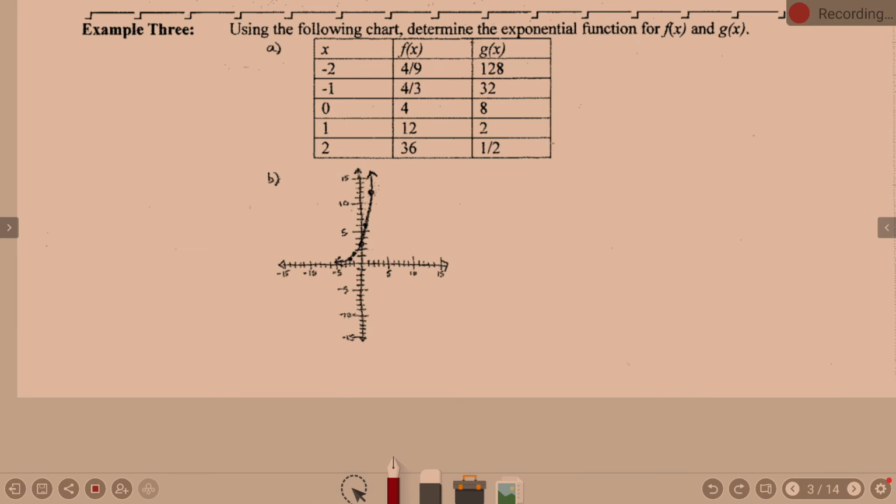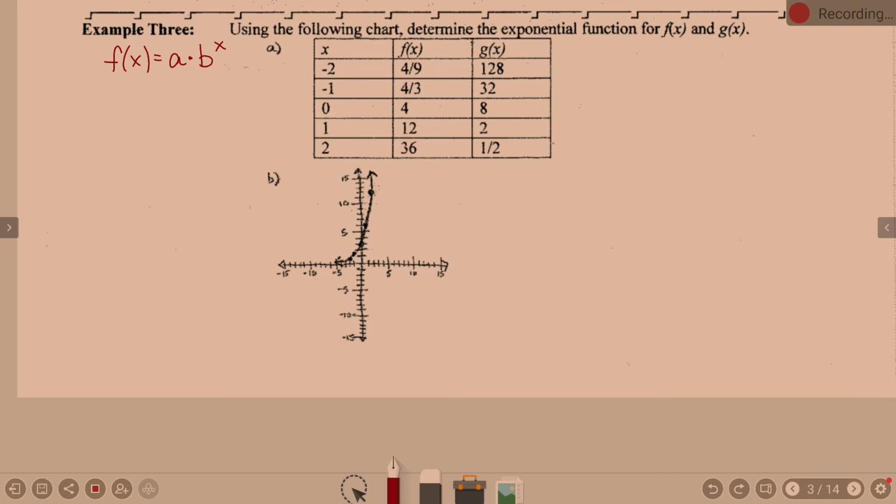So what is our exponential function form? From the top of the paper, f of x equals a times b to the x, which means we need an a value and a b value. So a will always occur when x is 0.